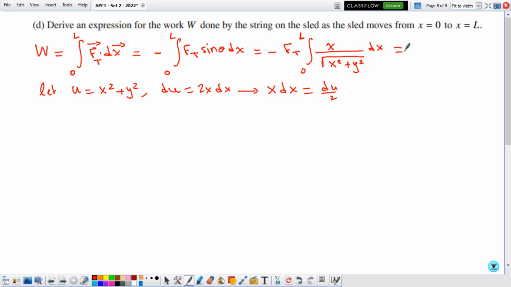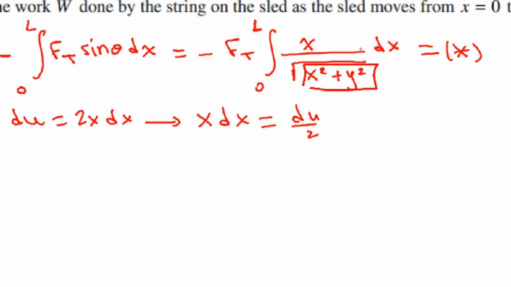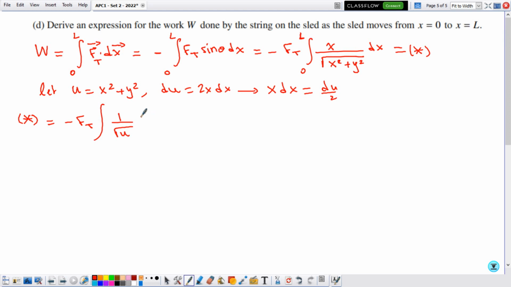Now we're ready to transform this integral. So minus Ft, the integral of 1 over radical u. Why? Because our change of variable sets this as u, and we still have the radical, multiplied by du over 2.